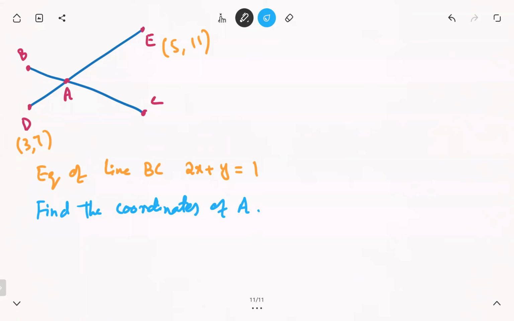And you need to tell me its methodology, what methods and steps you will use to find the coordinates of A. Yes, Zaki, wait a little. I want everyone to think a bit, then I will ask you.